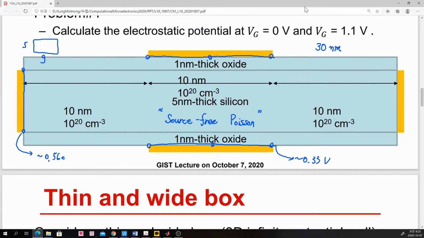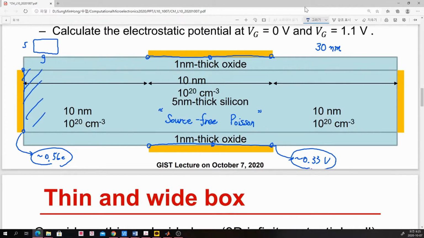Since this is around 0.5 and this is 0.33, you will have slightly larger values here, slightly smaller values here, and you will have a smooth transition from 0.5 to 0.3.